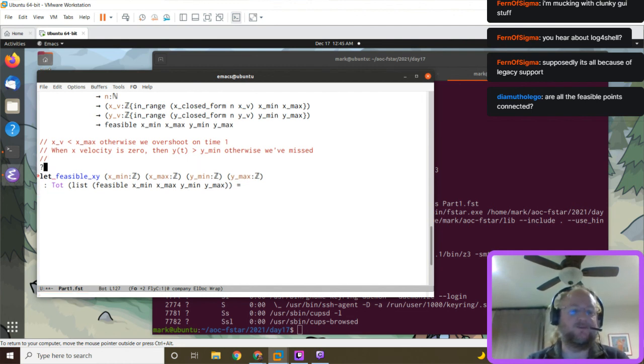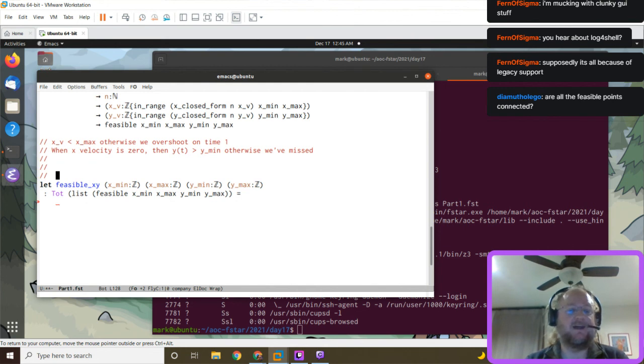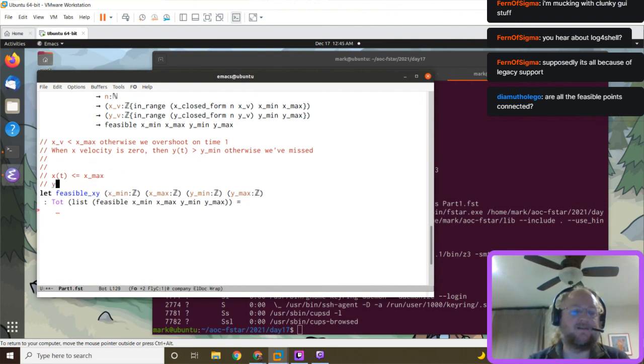Okay, so the more basic way to look at it is, x of t has got to be less than or equal to x max, and y of t, once we go over, we're not coming back.